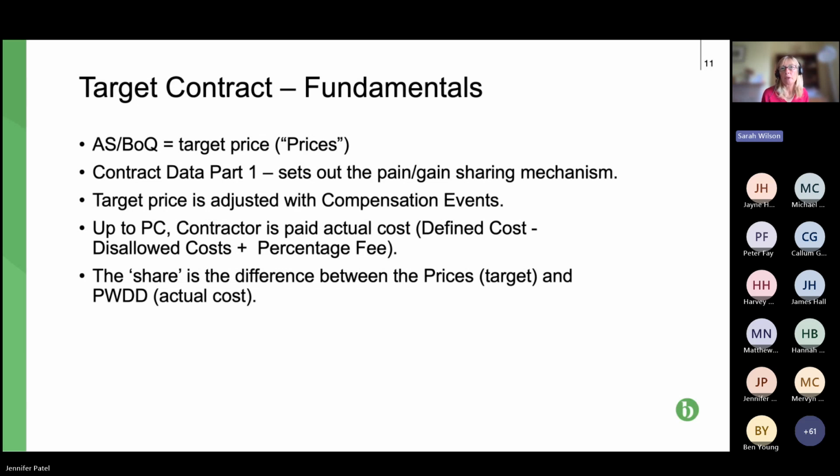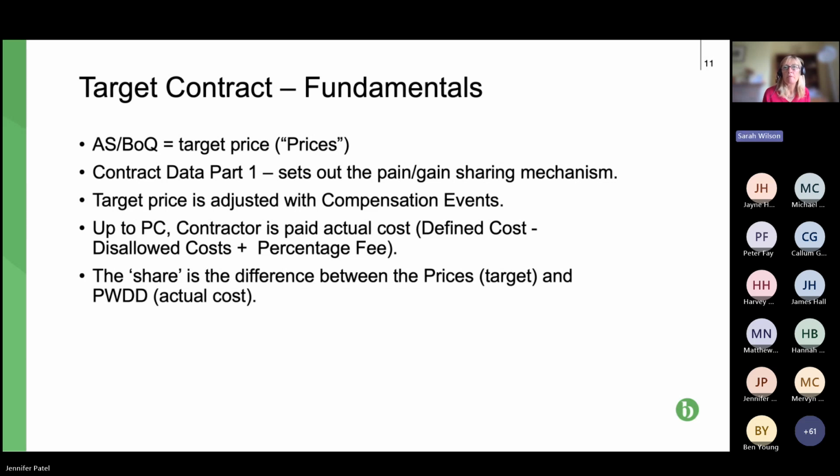As I've said, we're looking at that in more detail in March, if you're interested. And it's relevant to far more than just options C and D. It's how we quantify compensation events under options A to D. So it's really important pretty much for every NEC contract.